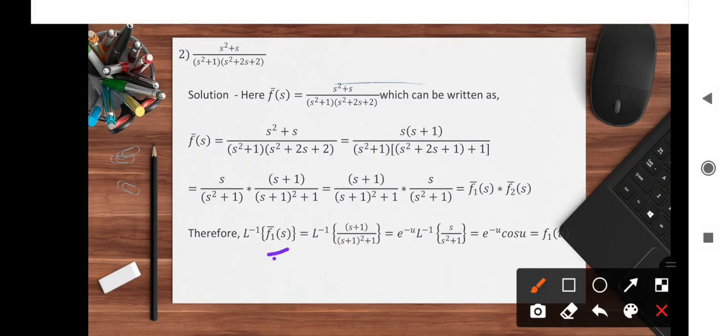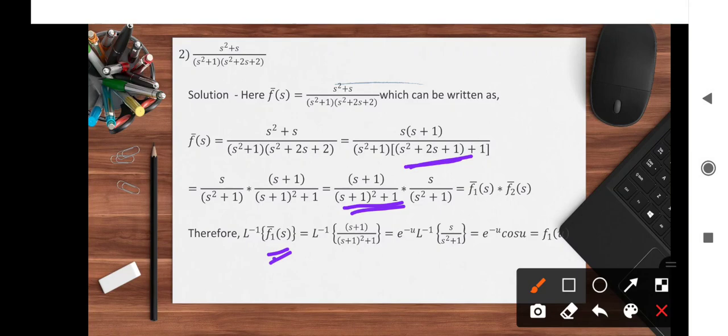Here, while finding inverse LT of f1 bar, as s square plus 2s plus 1 is written as s plus 1 bracket square plus 1, numerator and denominator contain s in the s plus 1 form.